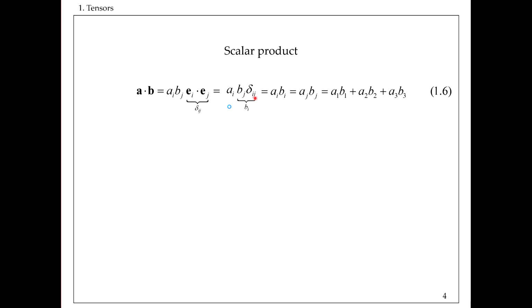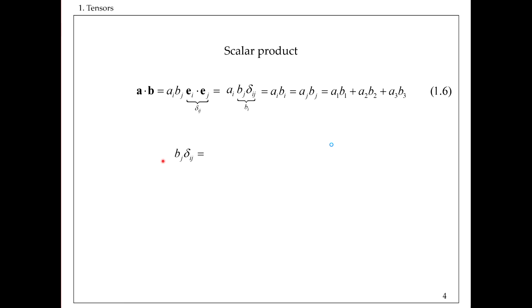Now we can look into that multiplication b_j delta_ij more closely. Let's use what we learned already, that we have dummy indexes and free indexes, and exercise it a little bit here.